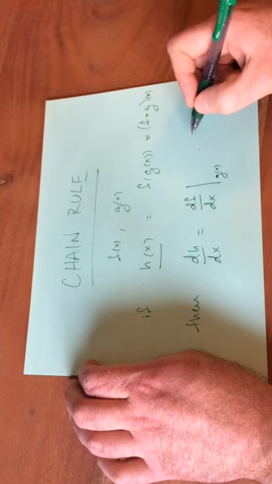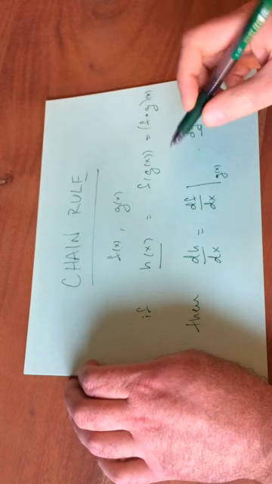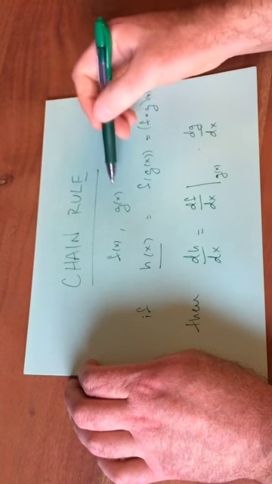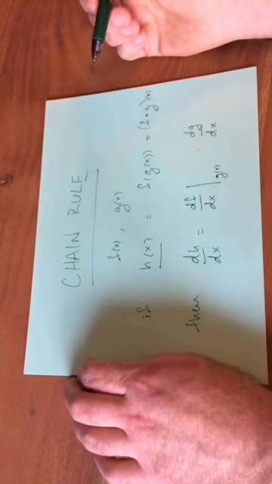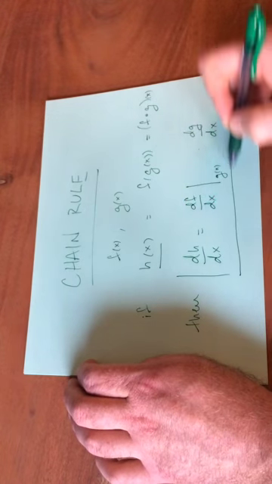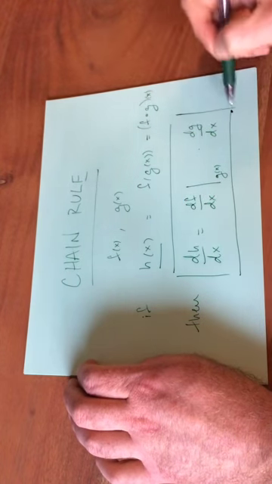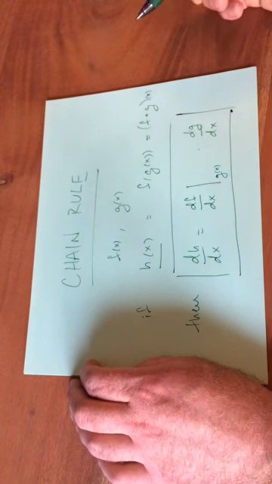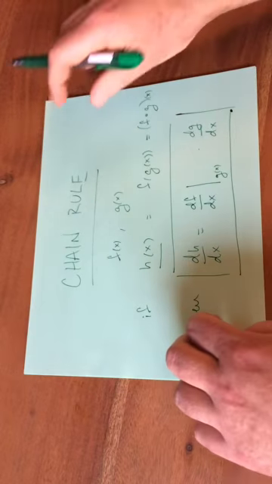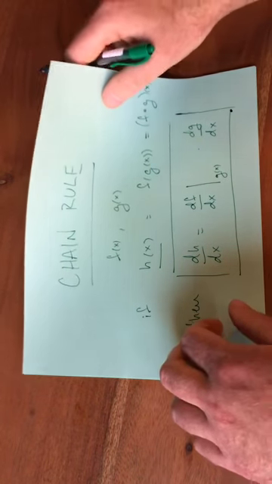Then we multiply by, more straightforwardly, the derivative of this function g with respect to x. Okay, so this is one of the forms of the chain rule, and this is the form that we'll be using, and we'll unpack the meaning of these different pieces as we go through a couple of examples. All right, so let's get started.